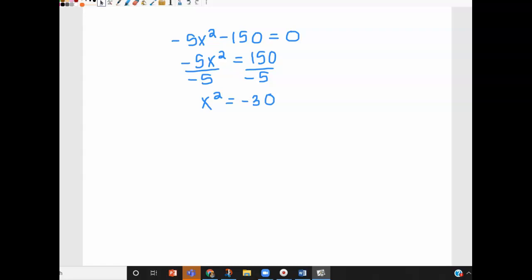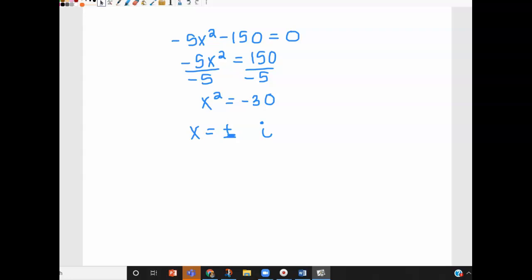So we get x squared equals negative 30. When you square root both sides, always put your plus or minus and take out your i. And then you have to look and see, okay, would 30 simplify? So 30 is 5 and 6, 3 and 10.